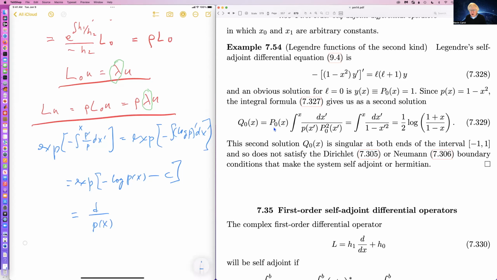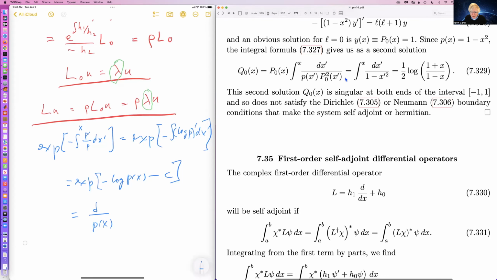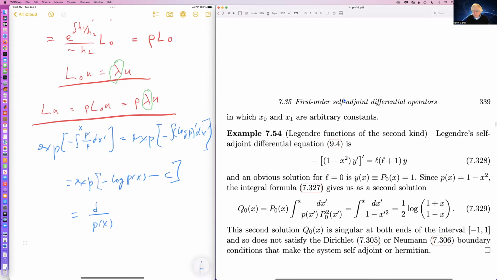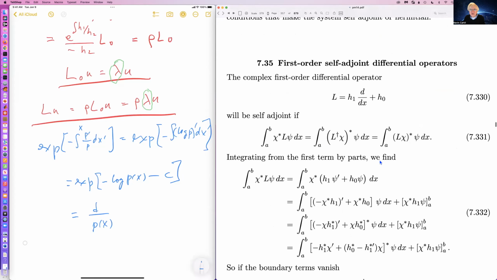So the second solution corresponding to the trivial solution is just 1 over p integrated, p being this, and that gives you a log of (1 plus x) over (1 minus x). This is singular at both ends, so it doesn't satisfy Dirichlet or Neumann boundary conditions. That's why when we talk about Legendre's equation, we look at the Legendre polynomial solutions as opposed to these, which don't satisfy the boundary conditions.